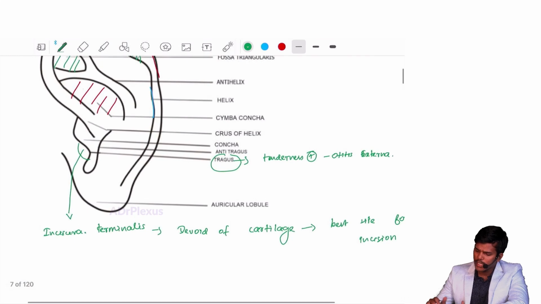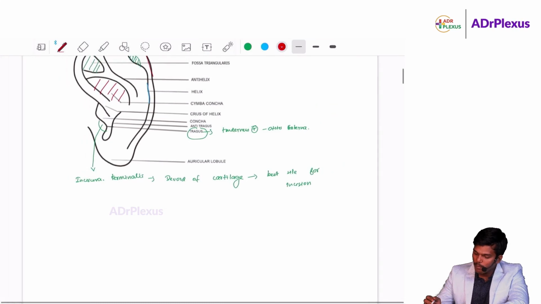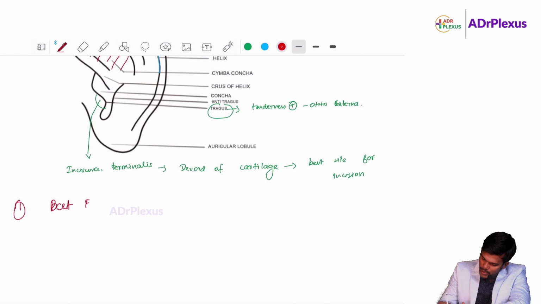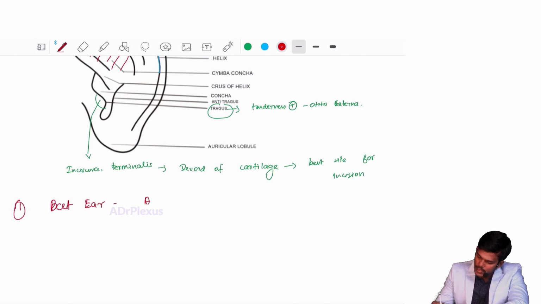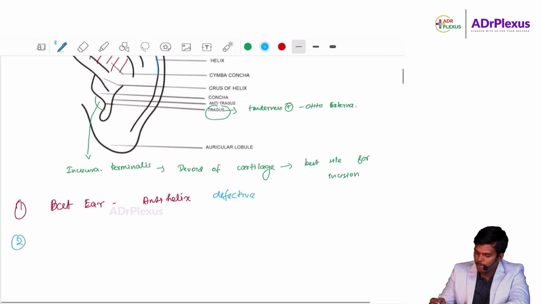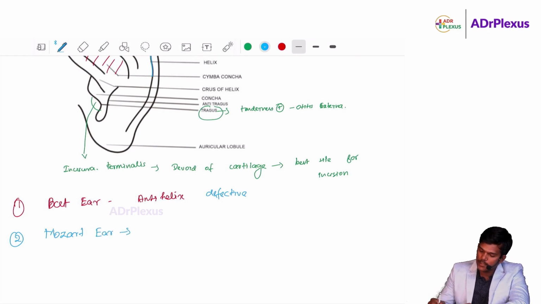Now some important developmental defects we can see. If there is prominent antihelix, that is called bat ear. So antihelix is defective. Second one is Mozart ear. Here there is fusion of helix and antihelix.